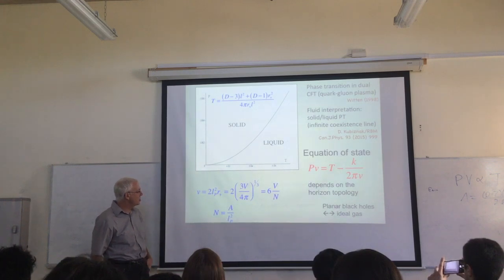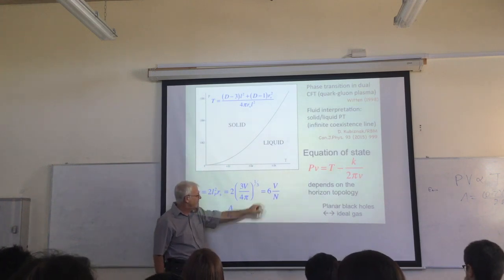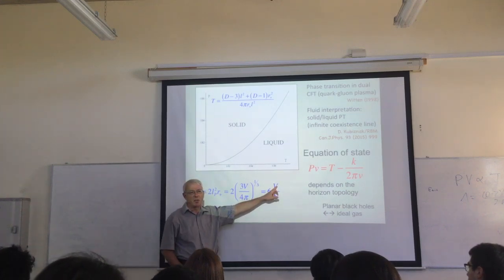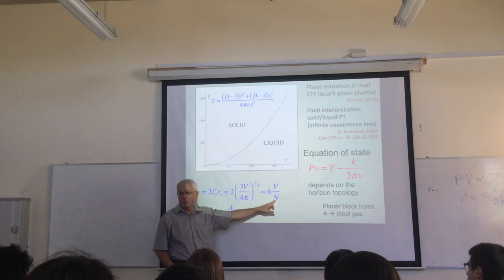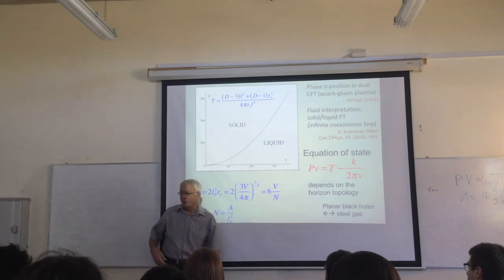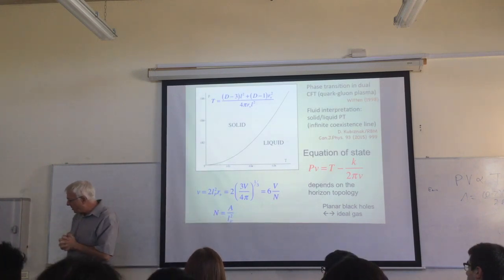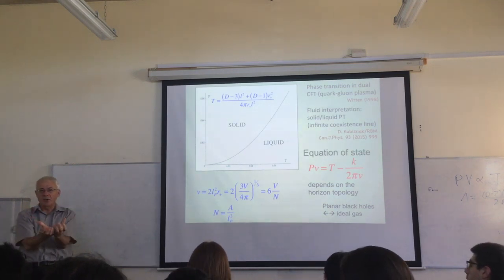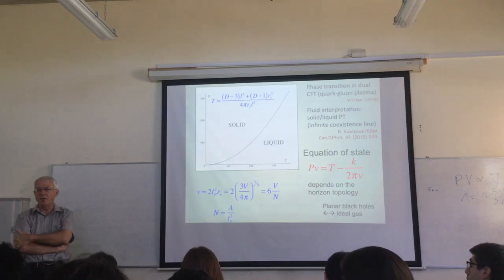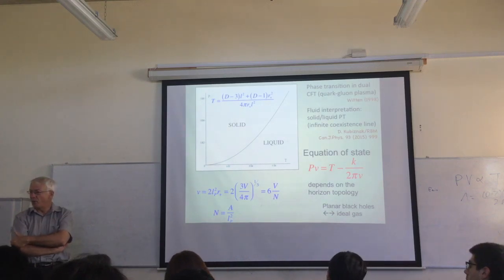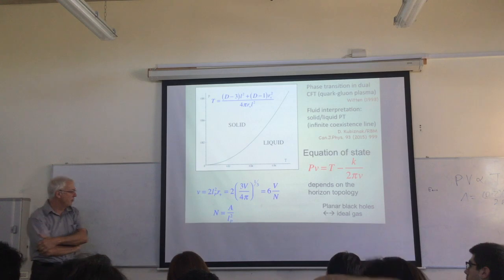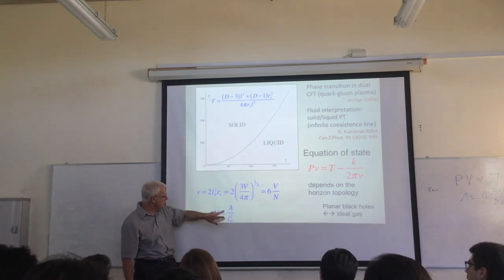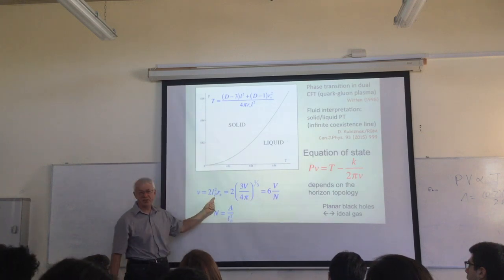And you can actually show that, apart from this factor of 6, that's the thermodynamic volume of the black hole divided by the number of degrees of freedom, where if you believe that entropy is a real thing for a black hole, then the horizon area has a certain number of degrees of freedom, and so the number of degrees of freedom has to be proportional to the horizon area in units of Planck length. So basically, if you put this into this, you get this equation.